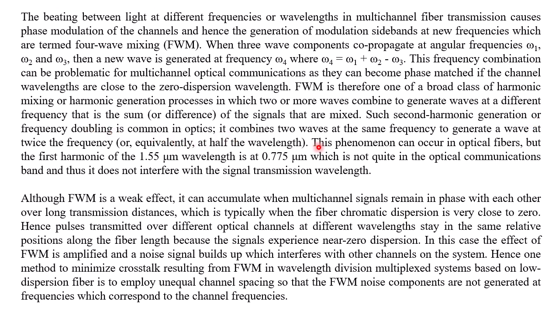It combines two waves at the same frequency to generate a wave at twice the frequency, or equivalently half the wavelength. This phenomenon can occur in optical fibers, but the first harmonic of the 1.55 micrometer wavelength is at 0.775 micrometer, which is not quite in the optical communications band, and thus it does not interfere with the signal transmission wavelength.